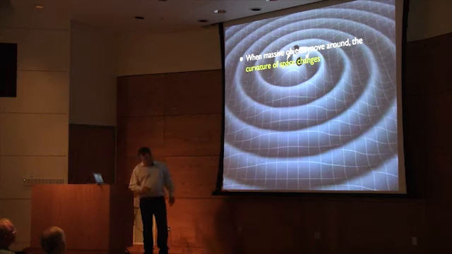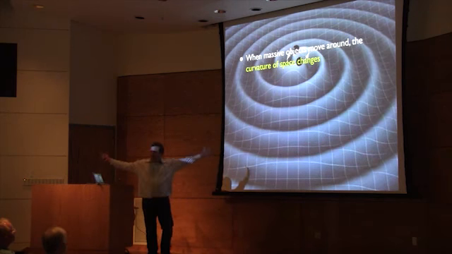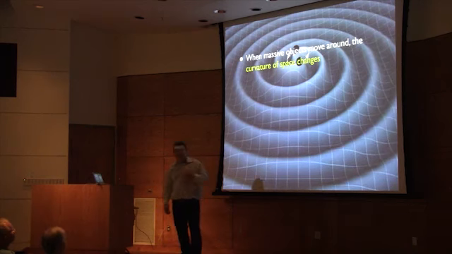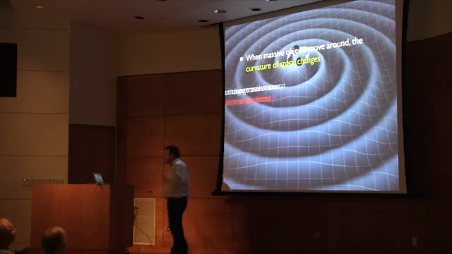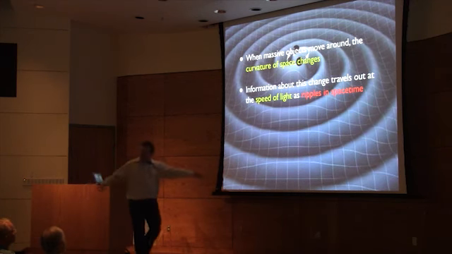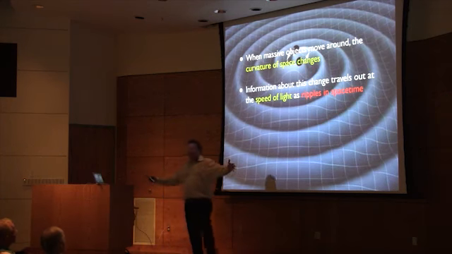And this changing gravity in the middle doesn't propagate out to every point in the universe instantaneously. It takes some time to propagate outwards. It propagates out at the speed of light. So information about these changing gravitational fields in here propagates out at the speed of light as ripples in space-time.